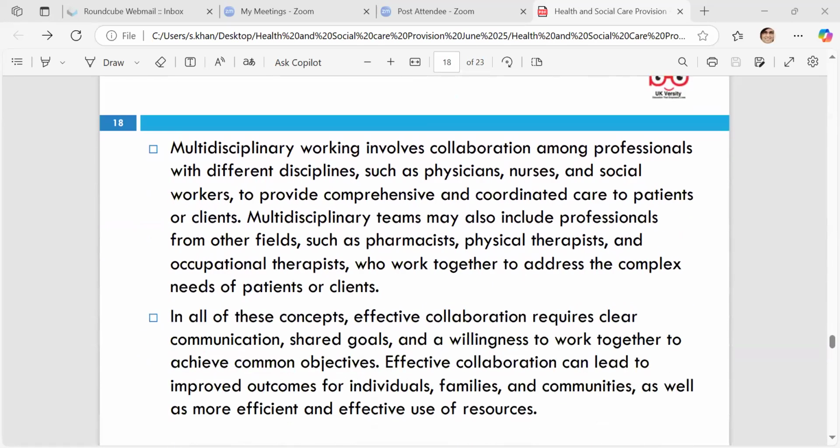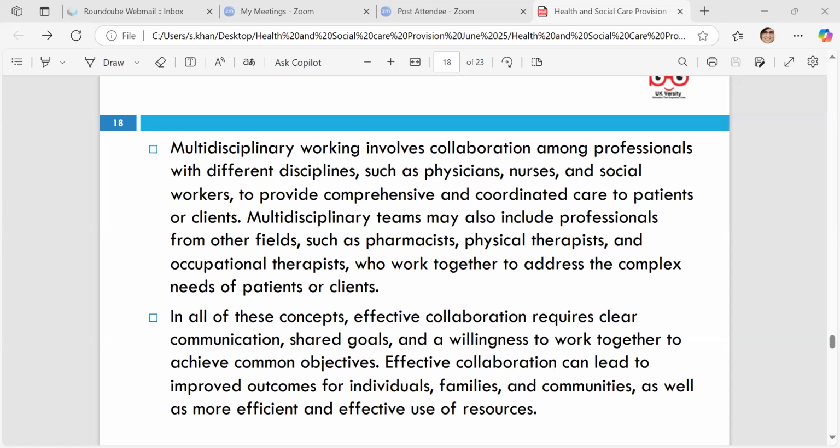Then we have multidisciplinary teams, and these teams consist of professionals from different diverse backgrounds. So it could be nurses, doctors, social therapists, social workers, pharmacists, physiotherapists. They are professionals from different fields who work together to collaborate and address complex needs for patient care or patient project implementation.